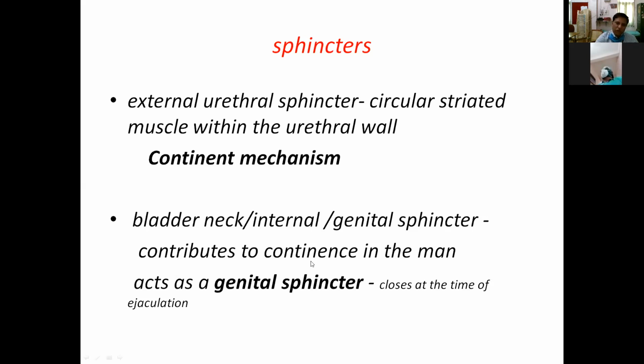Although it contributes to continence, it mainly acts as a genital sphincter, whereas the external sphincter is the sole structure responsible for the continence mechanism of the urine. So this must always be protected, whatever procedure you do.